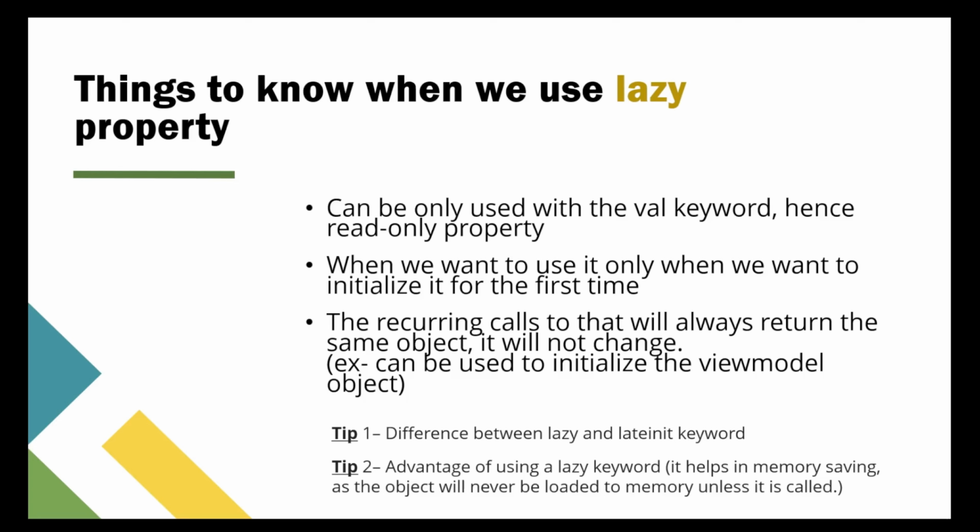We use it only when we want to initialize it for the first time, and that is the advantage of the lazy property. The recurring calls to it will always return the same object. It will not change. That means, as I've mentioned earlier, first it will initialize when the monitor object is called the first time.